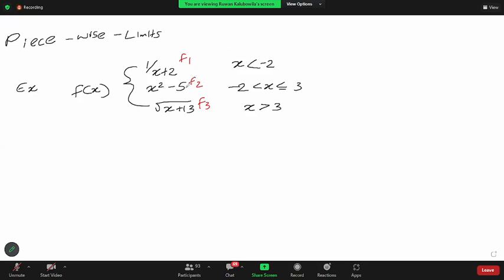So sometimes the limit exists or does not exist. You have to find out. So a piecewise function is like this, right?